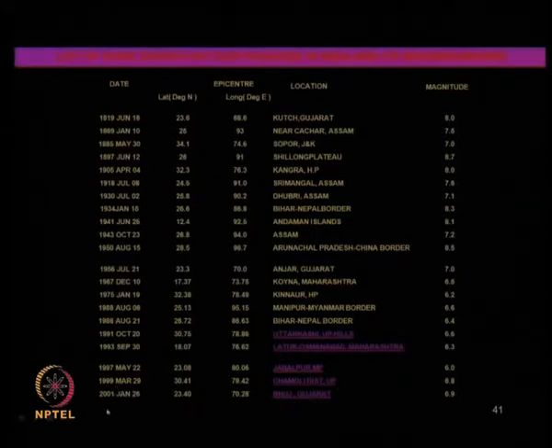After that there are several other earthquakes. The latest major one was the September 2011 Sikkim earthquake.